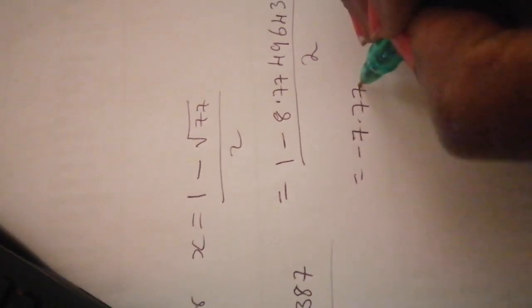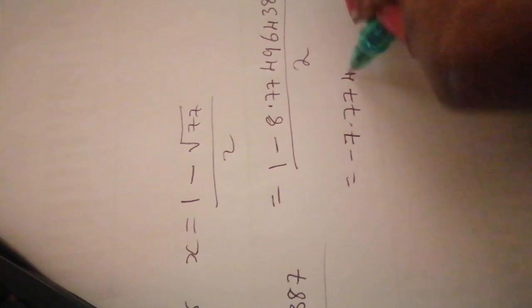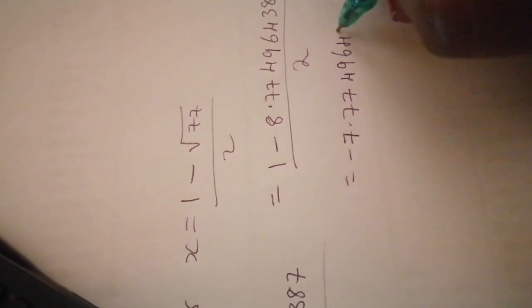So 1 minus the square root of 77 will give us negative 7.774964387 divided by 2.